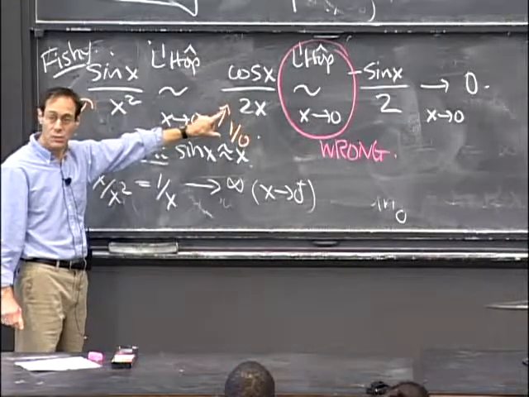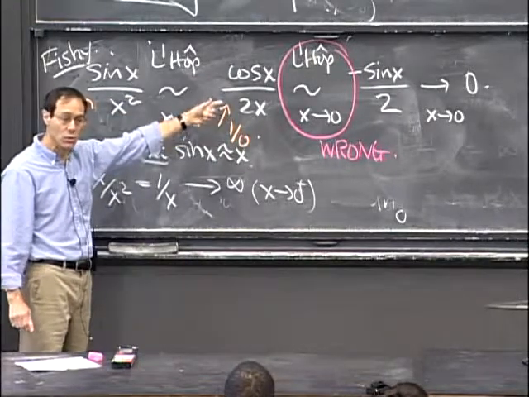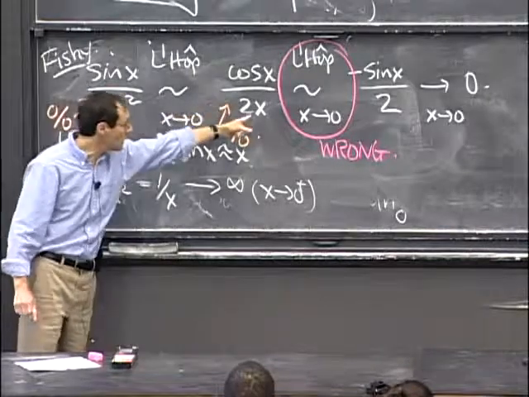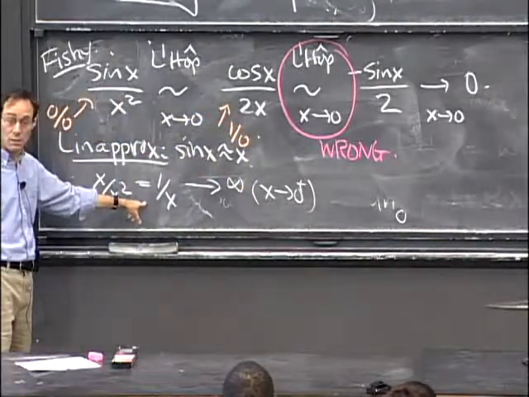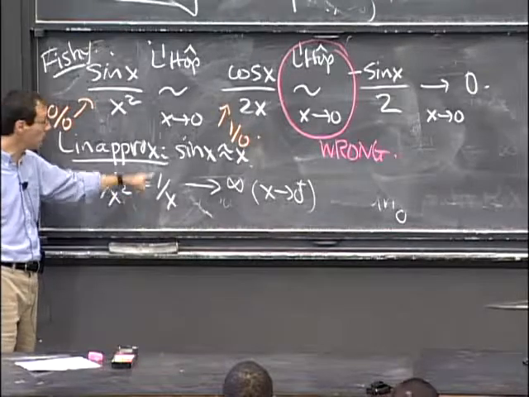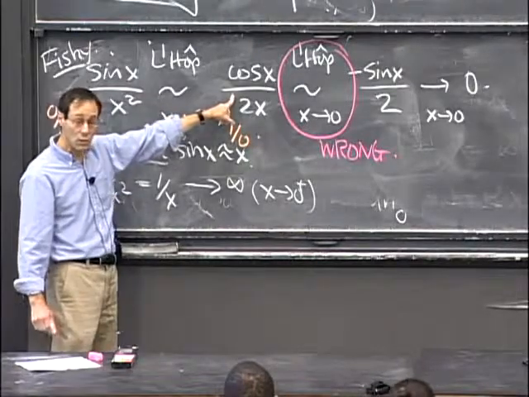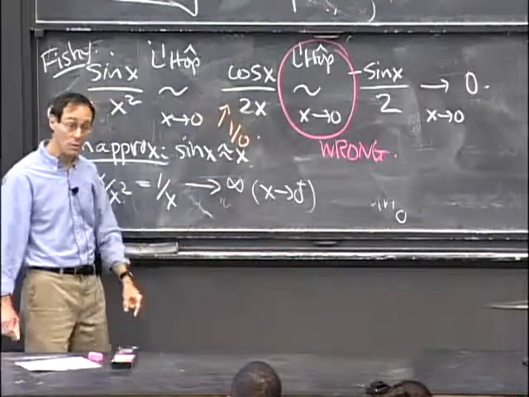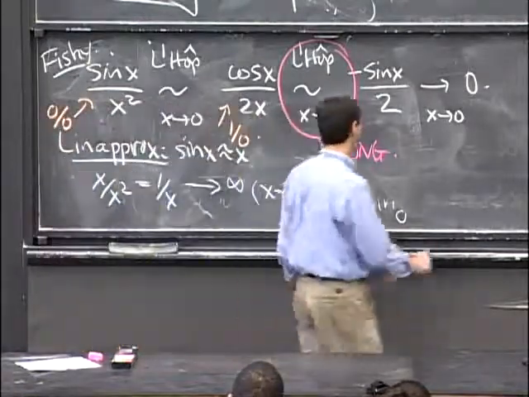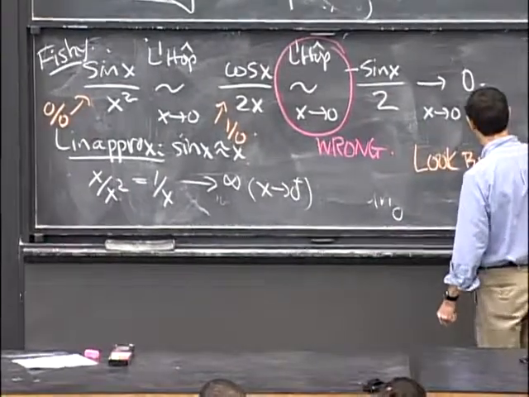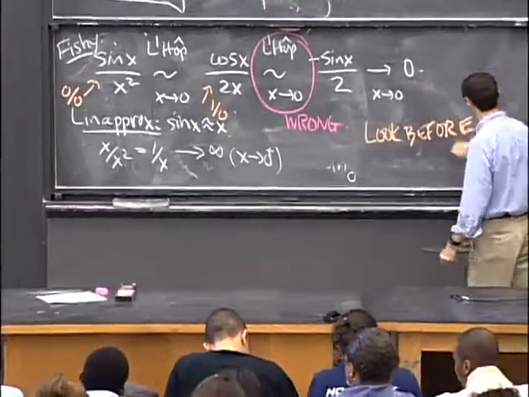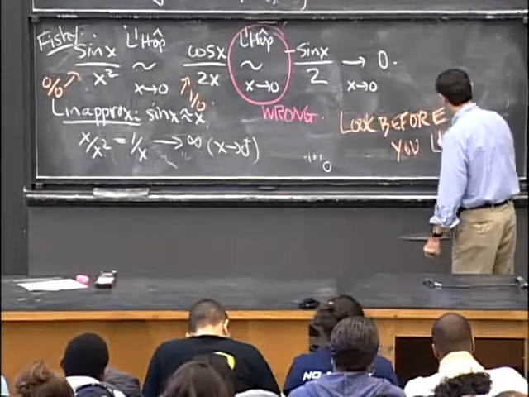It's no longer an indeterminate form. It's actually infinite, either plus or minus depending on the sign of the denominator, which is just what this answer is. So the linear approximation is safe, and we just applied L'Hopital's rule wrong. So the moral of the story here is look before you leap.